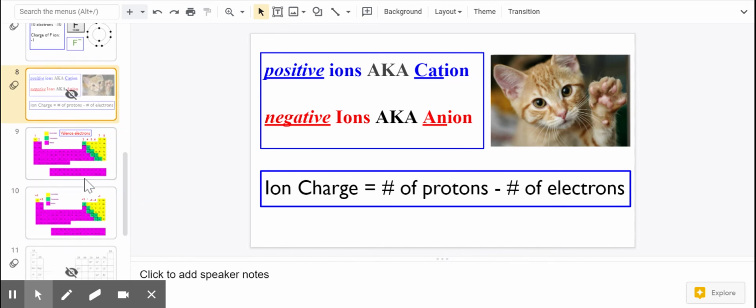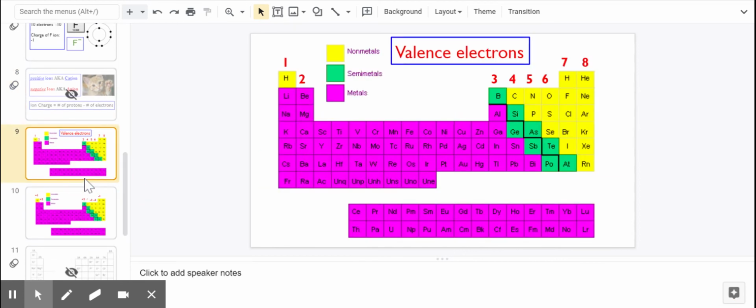So here, let's look at the periodic table and find a pattern. For the number of valence electrons, which we just learned today, group 1 has 1, group 2 has 2, group 3, group 4, 5, 6, 7, and 8. As we introduced, these first few groups, 1, 2, and 3, prefer to give away their valence electrons.